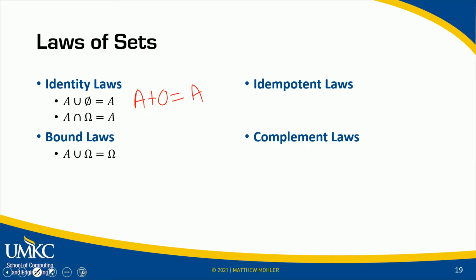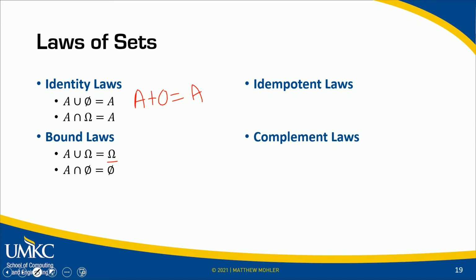The other laws that we'll look at are the bound laws, and that basically says that if I union A with everything, with omega, with the world, if I say it has to be part of A or part of everything, well, everything is everything including A. And so in this case, we say that that's just equal to omega. It's equal to everything.